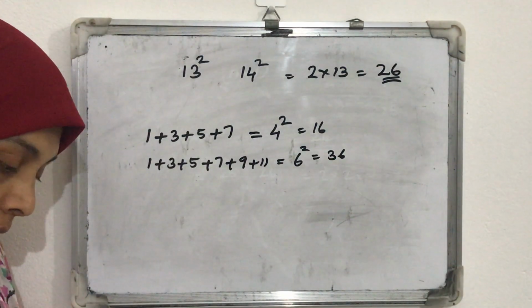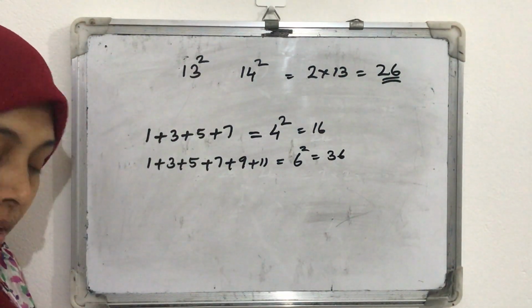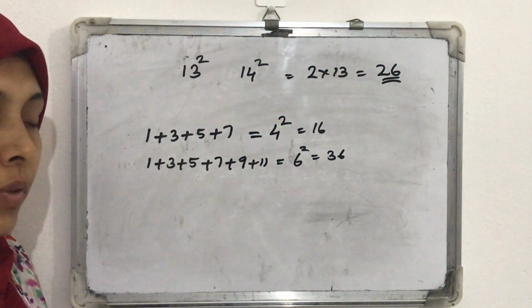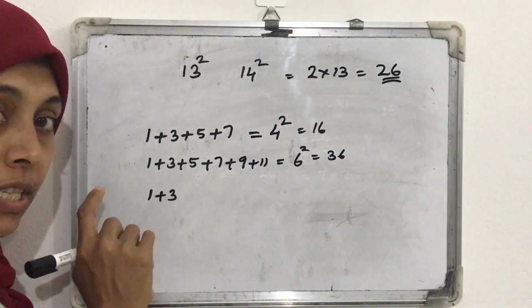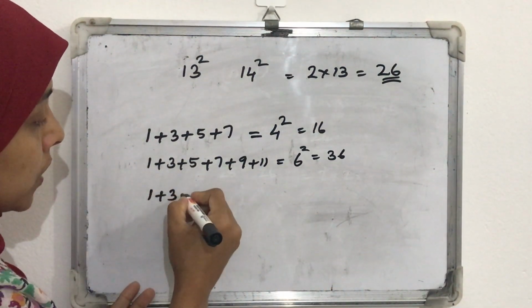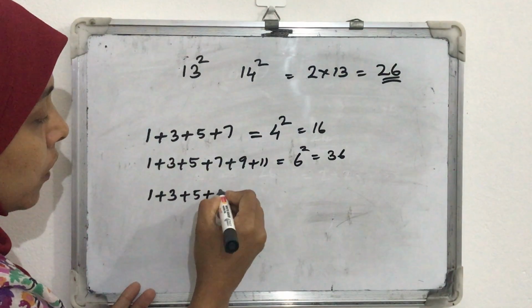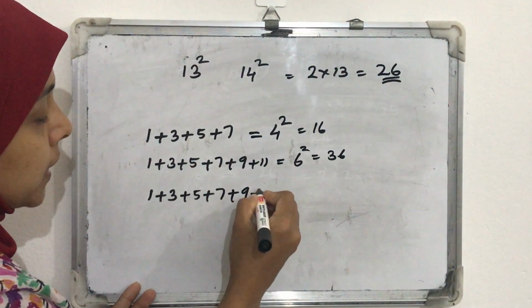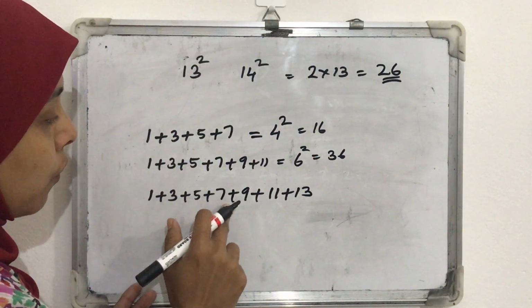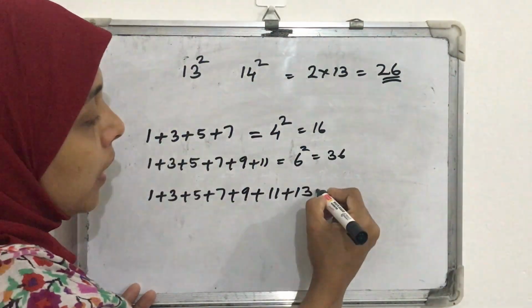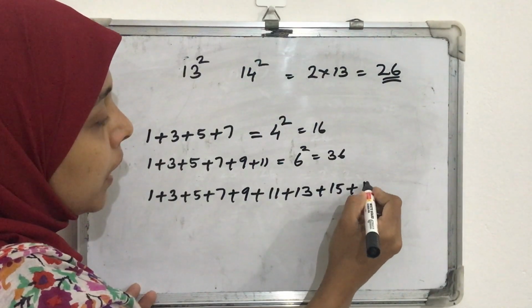Just like here the question is express 81 as the sum of 9 odd numbers. So here we want to add how many odd numbers? First 9 odd numbers starting from 1. So 1 plus 3 plus 5 plus 7 plus 9 plus 11 plus 13, and so on up to 17, 18, 19.